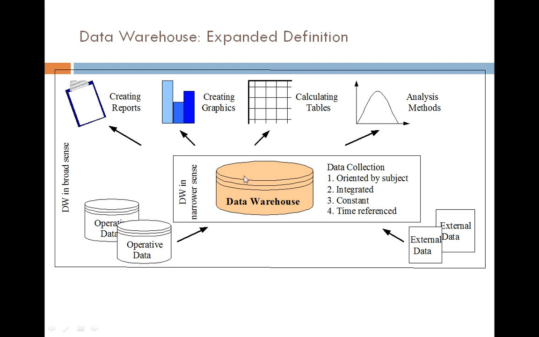And once we store the data into the data warehouse, we are reading the data from this data warehouse and creating different types of reports, creating graphics, calculating tables, and doing some analysis on the data that is available in the data warehouse. So these data warehousing systems would be very helpful in order to achieve all these reporting feats.